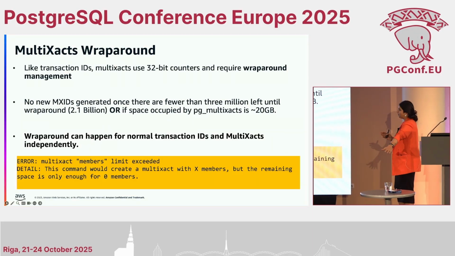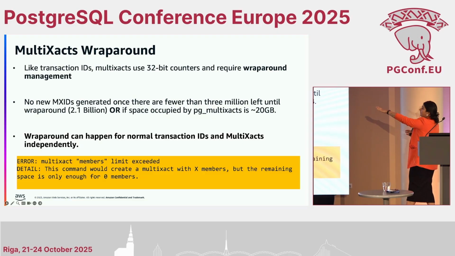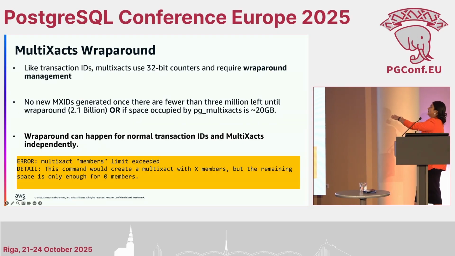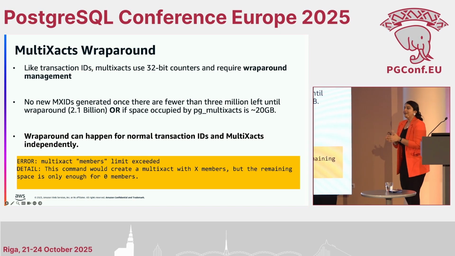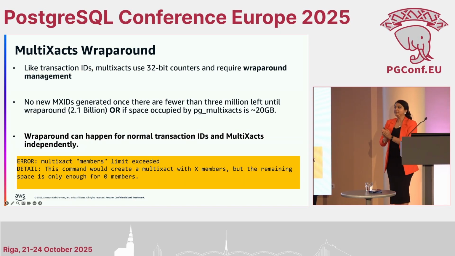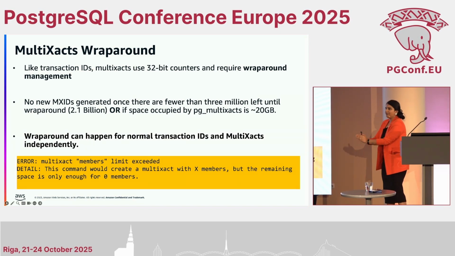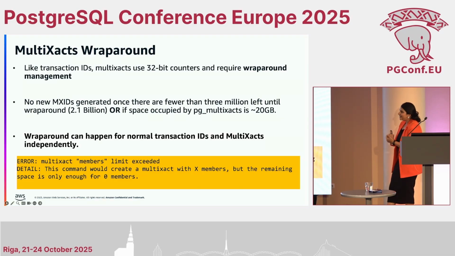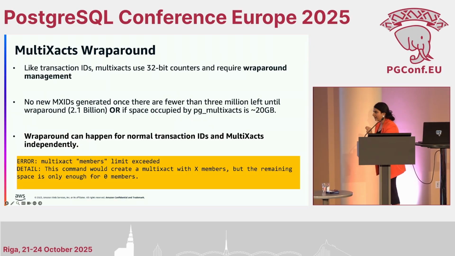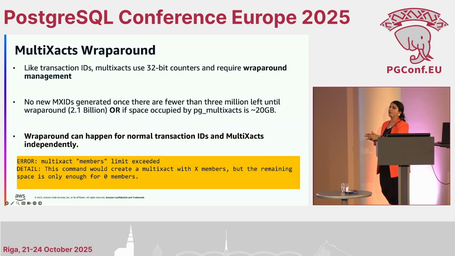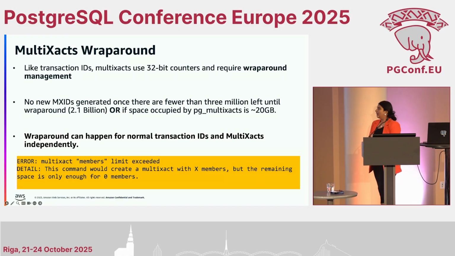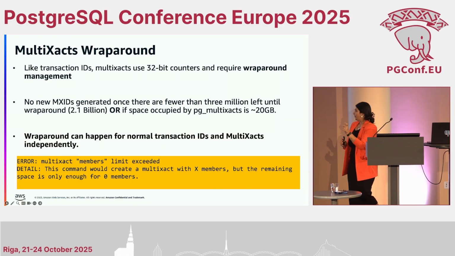So as soon as you reach 2.1 billion, or if the space occupied by multi-exacts is roughly around 20 GB. So in standard transaction IDs, we just have the first clause that if we reach 2.1 billion transaction IDs, we can't do anything. But for multi-exacts, there are two clauses rather than one. It is also restricted by the size of the directory, which can go to approximately 20 GB. So this is one main difference.